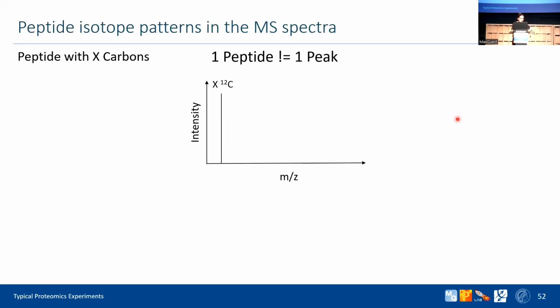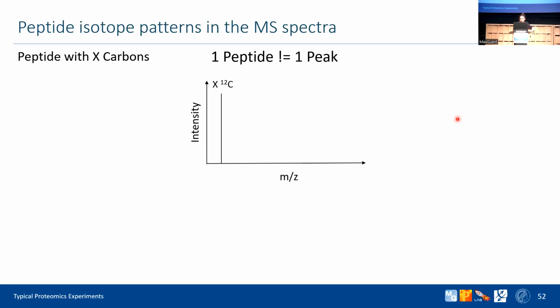Let's take another example. Say I have a peptide with X number of carbons. Based on the misinformation that I gave you before, I would expect one peak, and without knowing about the existing isotopes, I would expect all of my carbons to be carbon-12.